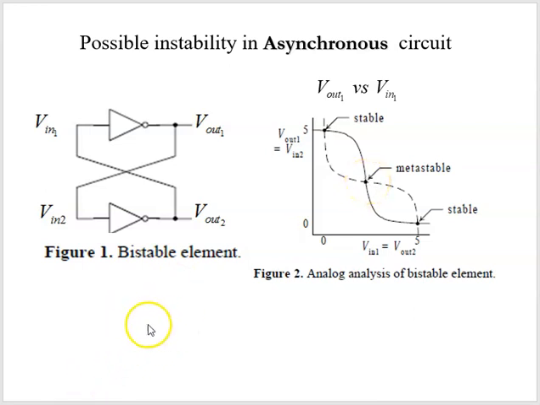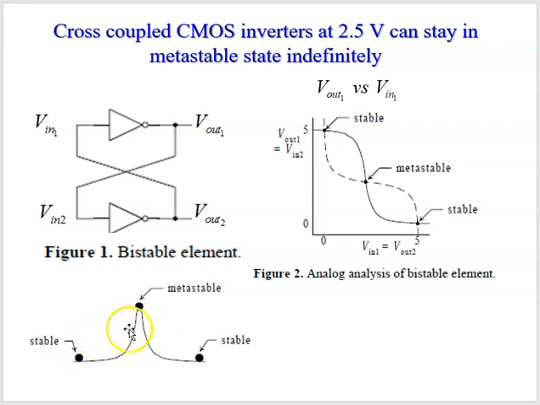That's the danger of a possible instability in an asynchronous circuit, so we have to watch out for that. And again, an analogy is the ball sitting on the hill. That's perhaps easier to understand physically: if we don't have anything to move it off the top of the hill, it'll stay there in that metastable state.